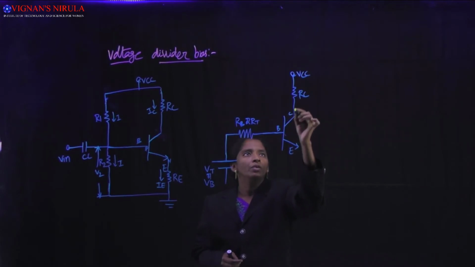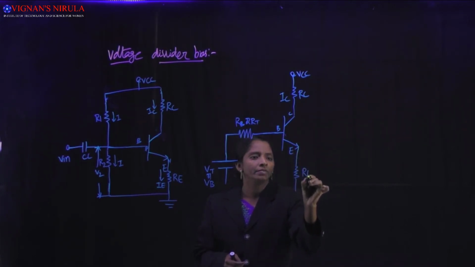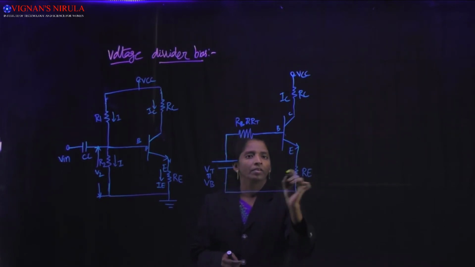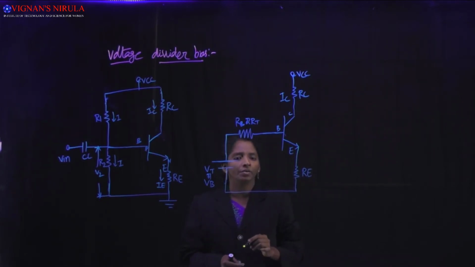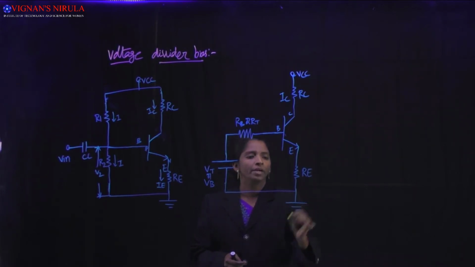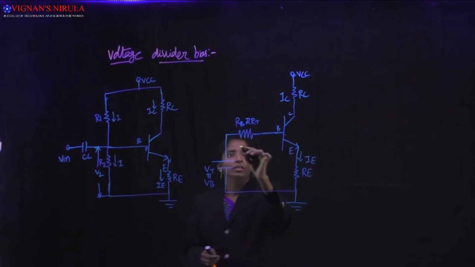The current flowing through RC is IC, and here we are connecting the emitter resistance RE. This is the equivalent circuit of the voltage divider bias circuit. The current flowing through RE is IE, and the current flowing through RB is IB.